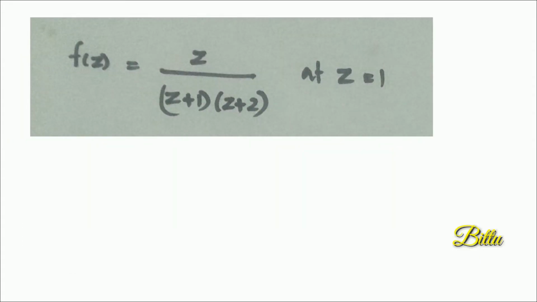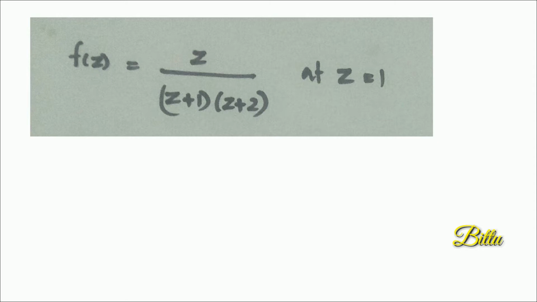Next, consider one more question. The question is, express z by (z plus 1) into (z plus 2) in the form of an infinite series containing positive powers of z minus 1. Here you have to apply the Taylor series. Since f(z) is a quotient, it is better to write its partial fractions for the smooth calculation of its successive derivatives.